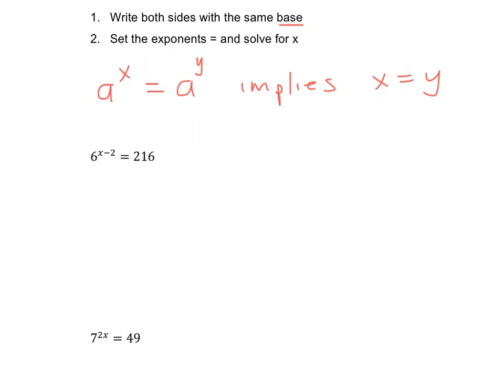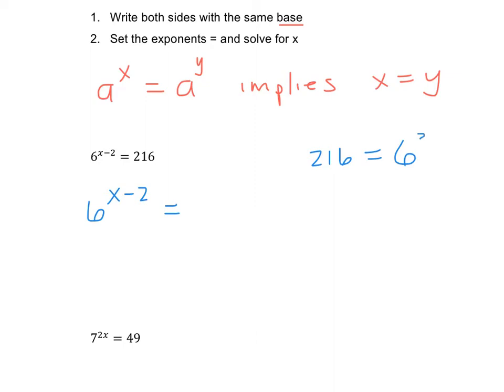Let's take this one for example. 6 to the x minus 2 equals 216. 6, we can't really write that with any other base, so we're just going to leave that as 6 to the x minus 2. Now what about 216? We want to write 216 equal to something with 6 as a base. So what exponent do we have to put on 6? Well, 36 times 6 is 216.